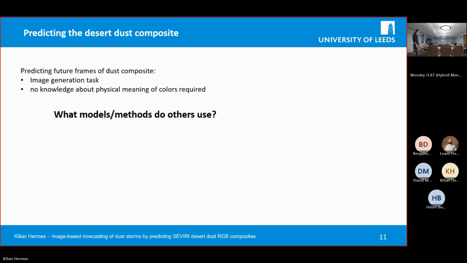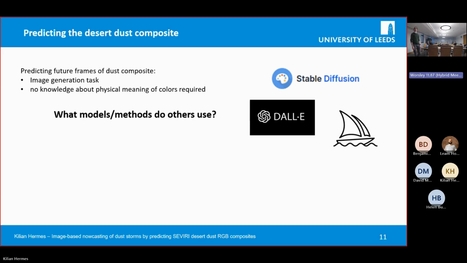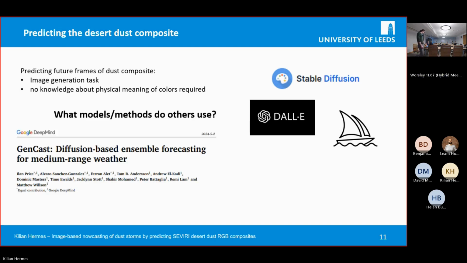So looking at what other people are using for generating images these days, you immediately bump into all the diffusion model-based solutions: Stable Diffusion, DALL-E, Midjourney, and so on. Also, when looking more into weather forecasting, Google published that paper earlier this year with GenCast, their most recent development for weather forecasting.